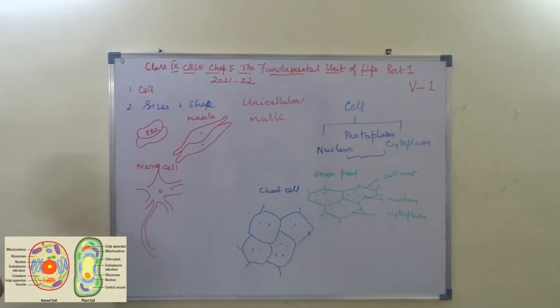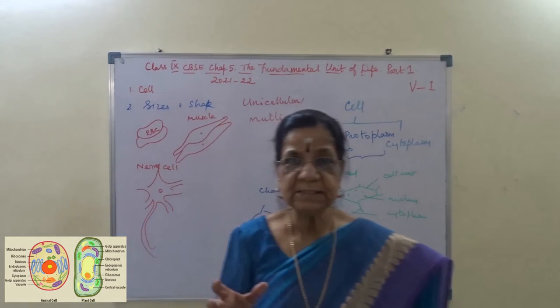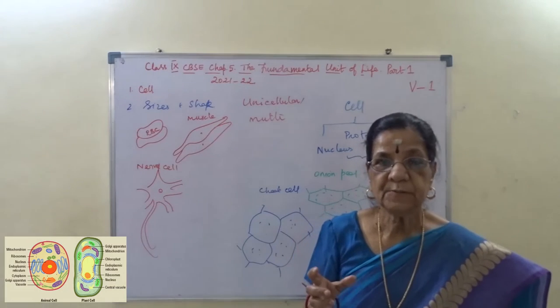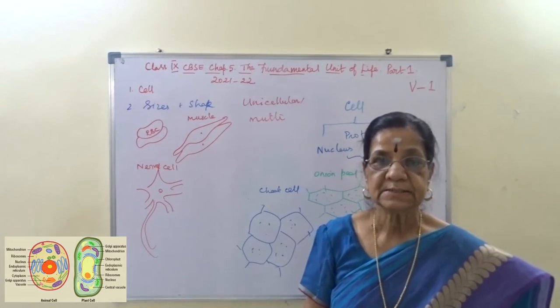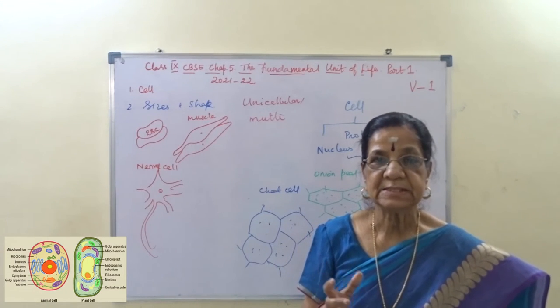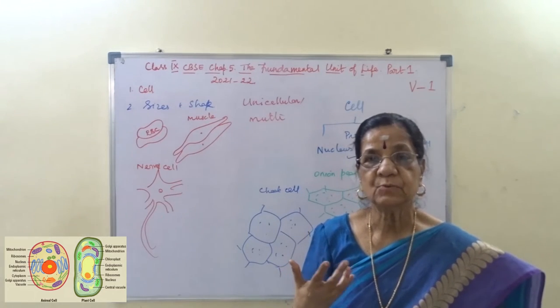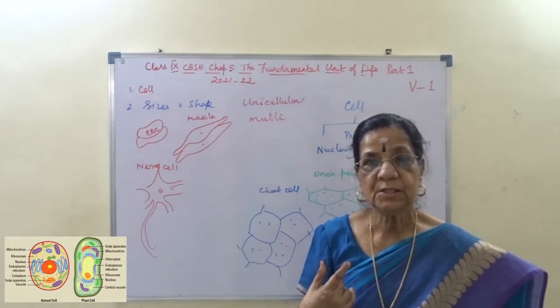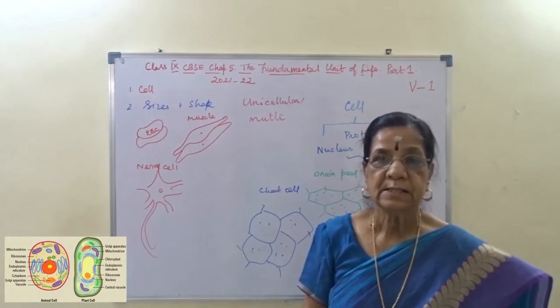Unicellular organisms, amoeba, these protozoans, are formed of a single cell where all the functions such as digestion, respiration, and excretion are carried out by the same single cell. Whereas in higher animals, what we call multicellular organisms, division of labor occurs.